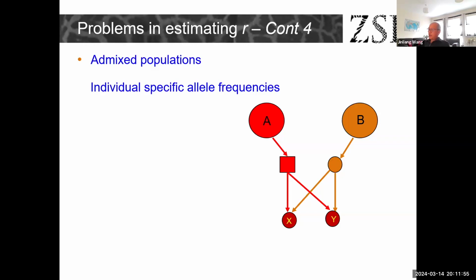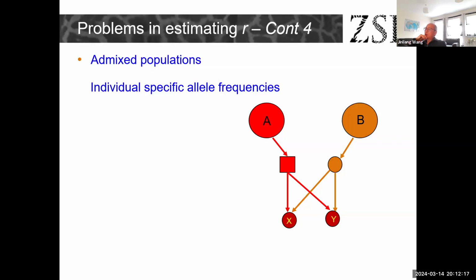Their relatedness, obviously they are full siblings, but if you use the allele frequencies from either A or B in calculating the relatedness between X and Y, you may well get a relatedness not 0.5 as expected.